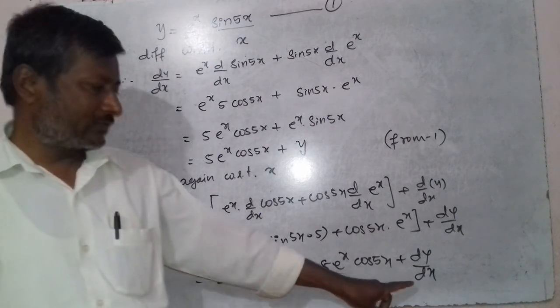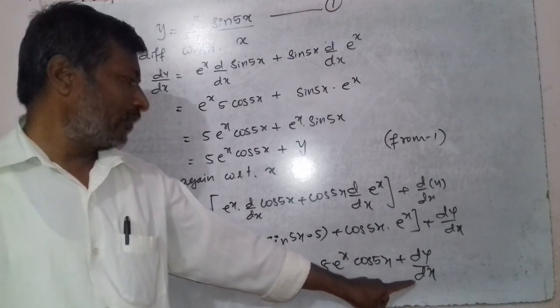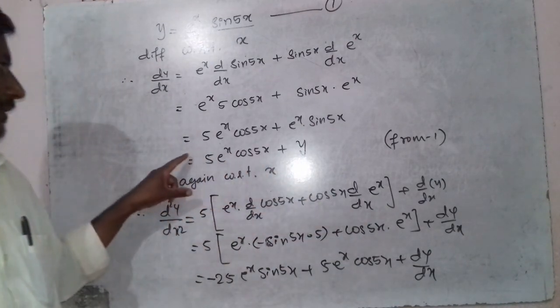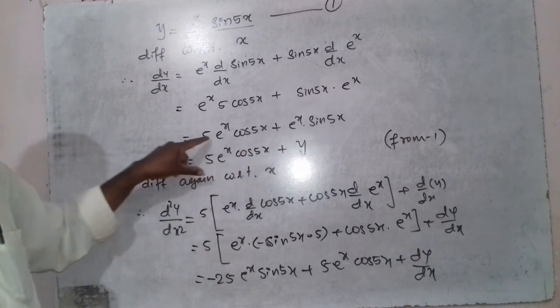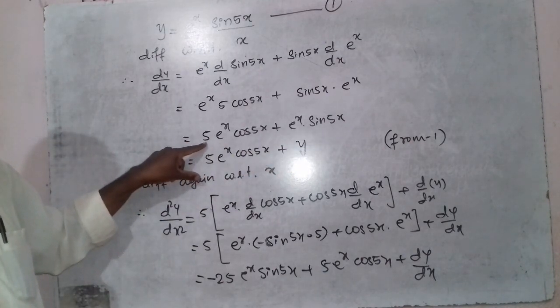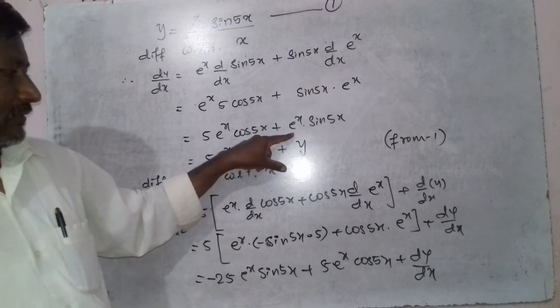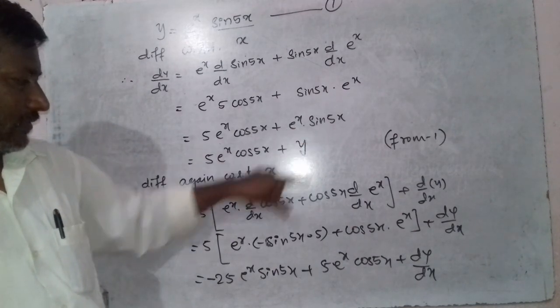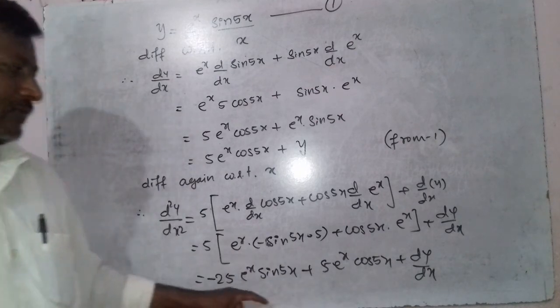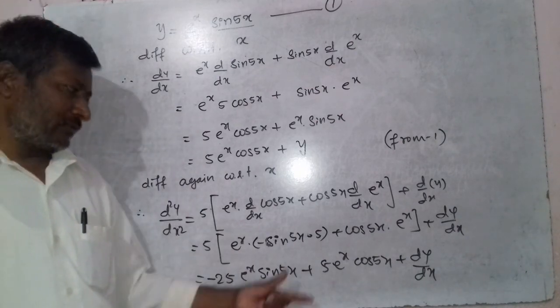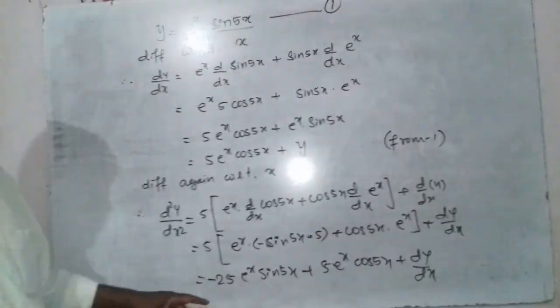Or at this stage, if you put the value of dy by dx, that is, dy by dx is 5 e raised to x cos 5x plus e raised to x sin 5x, we will get the answer. So this much is sufficient.